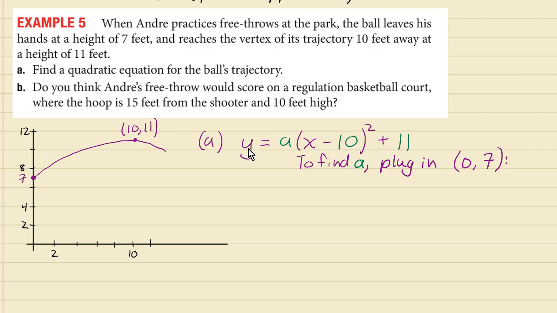So that's what we're going to do. We're going to plug in 0 for x and 7 for y. So that will make this equation look like 7 equals a times 0 minus 10, quantity squared, plus 11. And the negative 10 squared will come out to be 100.